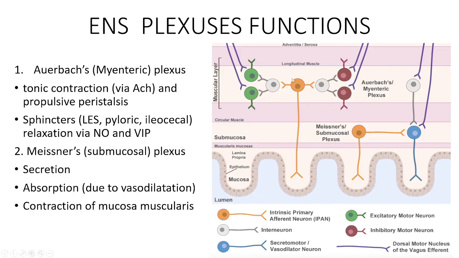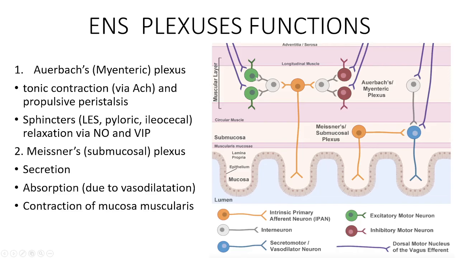And the fact that one afferent neuron is connected to 2 different types of ganglionic cells and 2 different types of motor neurons, the ones that are stimulatory and the ones that are inhibitory, allows them to provide propulsive peristalsis when there is contraction, relaxation. This is how the food is moving, due to contraction on one end, relaxation on another, and then contraction, relaxation, and the food is moved.